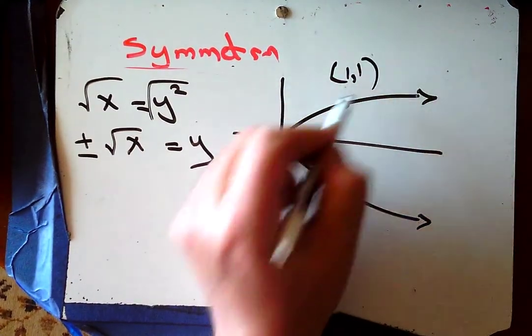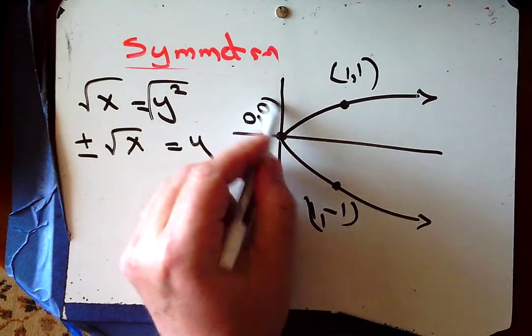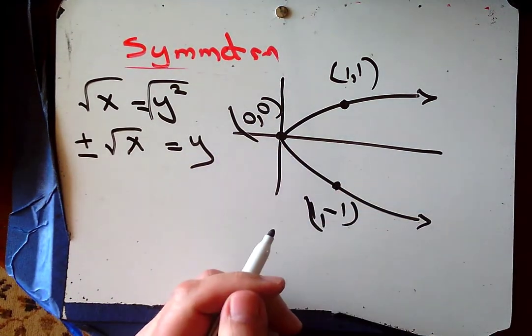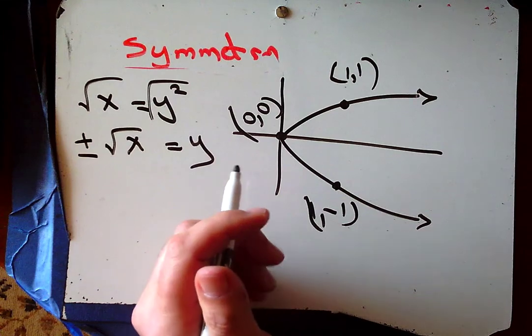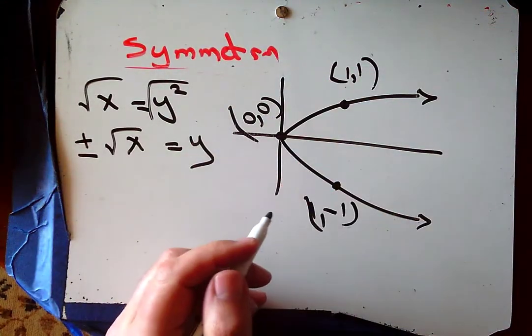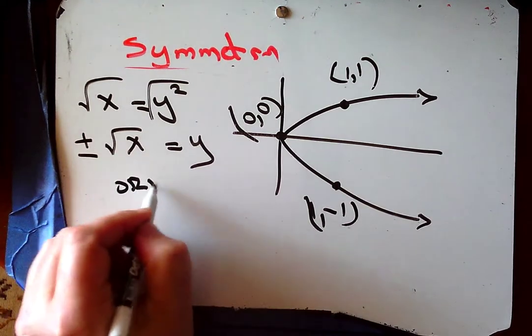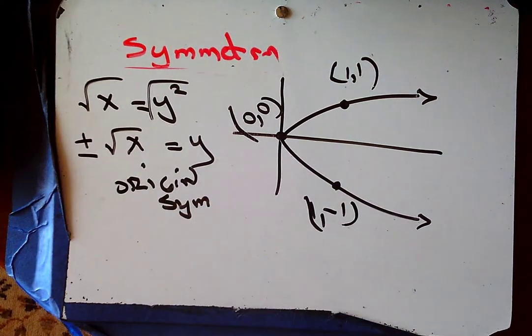So we've got 1, 1, we've got 1, negative 1, and we've got 0, 0. So, x-axis symmetry, y-axis symmetry, or origin symmetry? How about neither? This piece folds down onto that one, so we've got x-axis symmetry here. Okay?